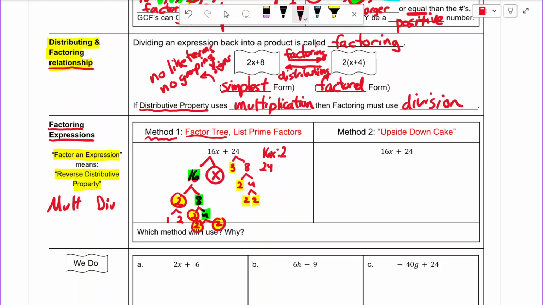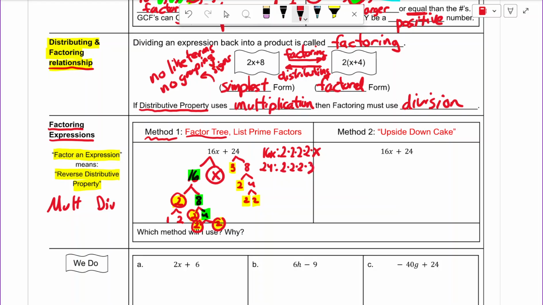So we list them out: 2 times 2 times 2 times 2 times x. All right, and then we're going to do 24. And we list them out. It's 2 times 2 times 2 times 3.